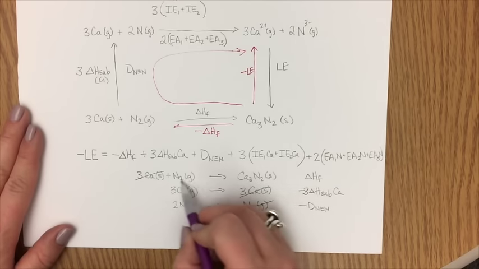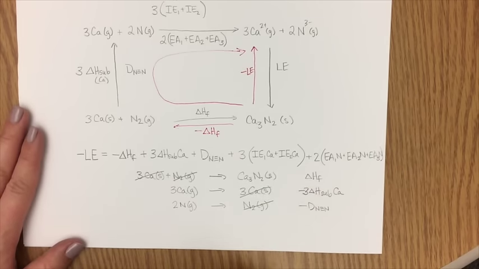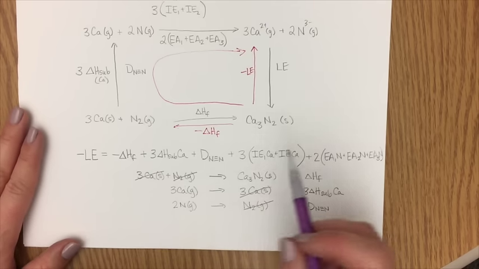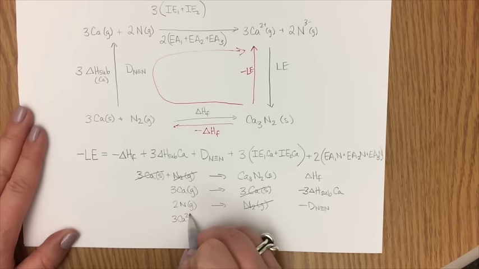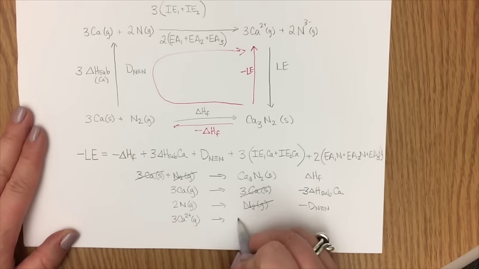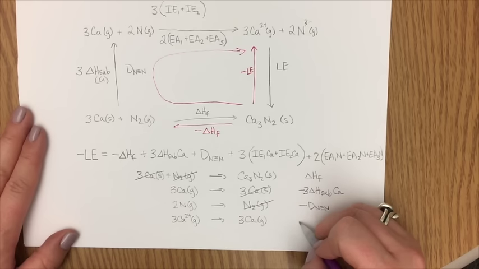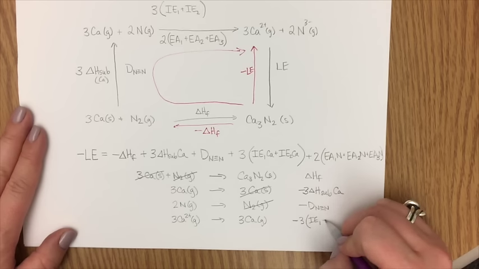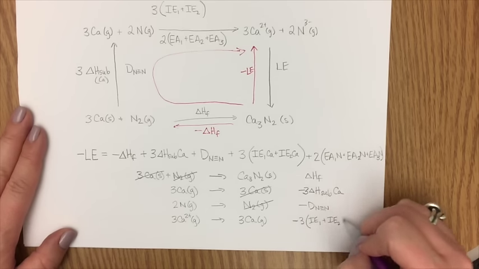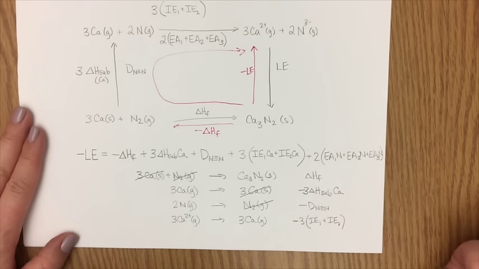So now my nitrogen gas will go away, but now I've got atoms and I want to get ions over here. So to get my 3 calcium ions from atoms here, again, now I need the opposite of 3 times the ionization energies for calcium.